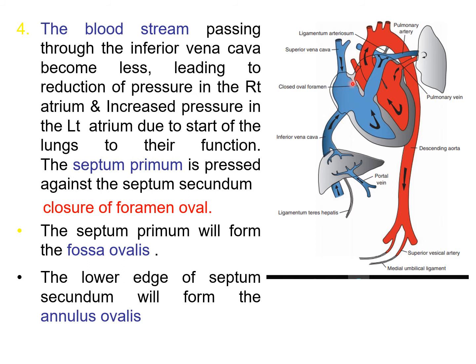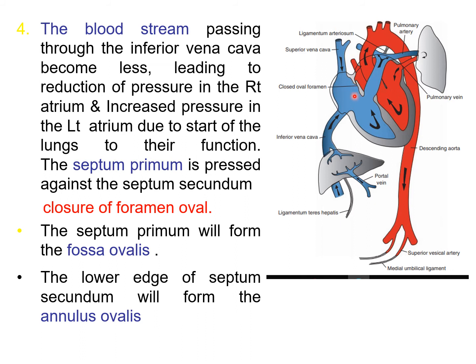So this foramen ovale, which was initially an opening channel, is now closed. Why? Because the back pressure of the blood into the right atrium decreased and the pressure in the left atrium is increased. So this pressure pushes the primum and secundum together and the foramen closes.